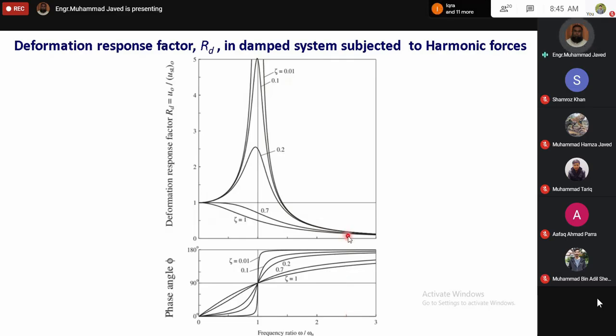When frequency ratio is 2.5 or high, आप क्या कंक्लूड करते हैं? अगर फ्रीक्वेंसी रेशियो 2.5 थी या इससे बढ़ जाती है तो आर डी की वैल्यू पे क्या फर्क पड़ेगा?